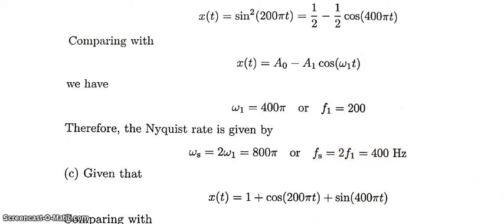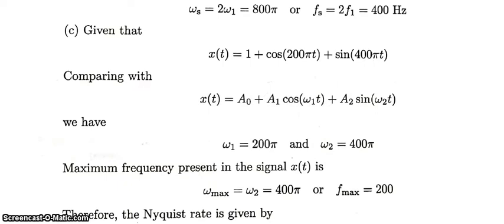In the next question, x(t) = 1 + cos(200πt) + sin(400πt). See, x(t) is the sum of three different signals: the first one is a constant, and the second and third are sinusoidal signals.